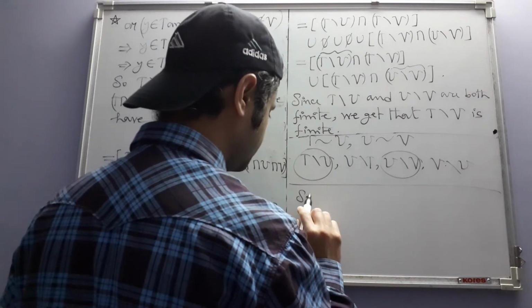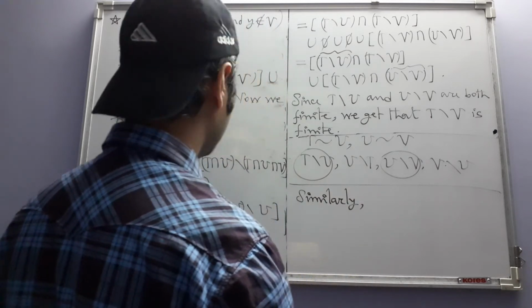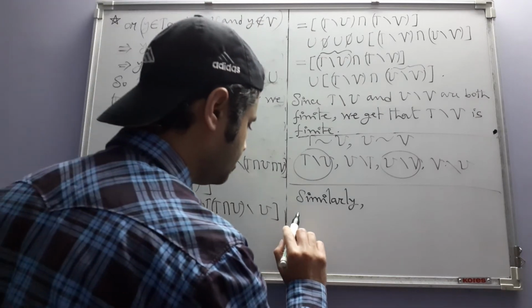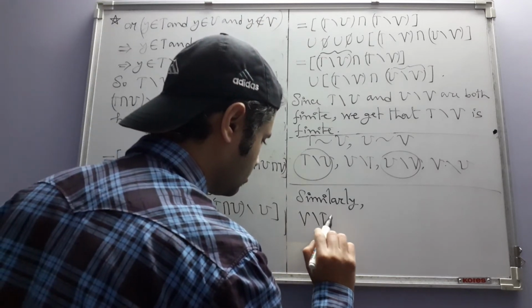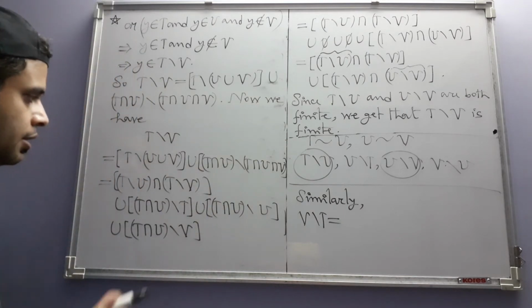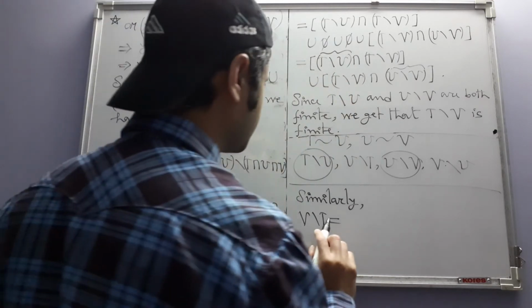Similarly, now if we switch V and T, then on the right hand side also we will have to do that. Now instead of starting from here, we use this final form.